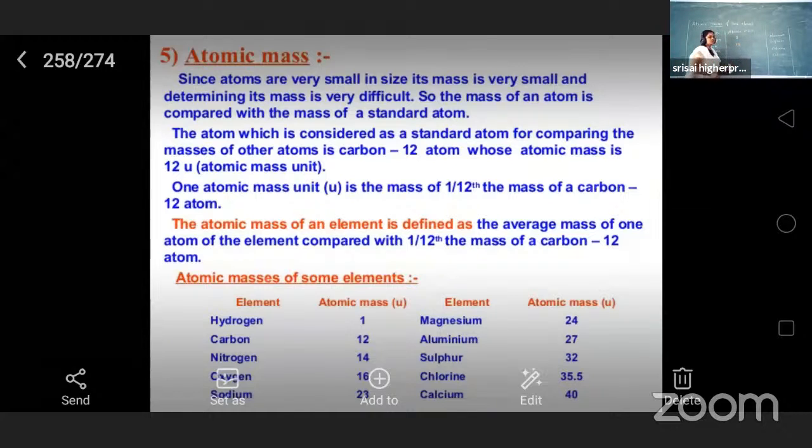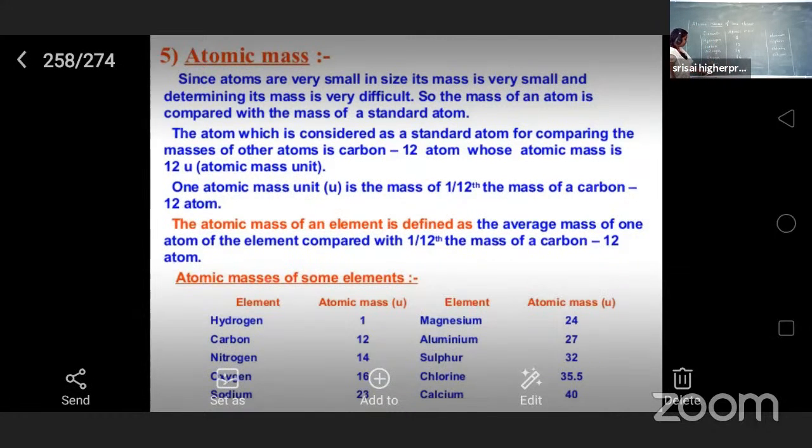So what is nitrogen, students? Nitrogen atomic number is 7, but atomic mass is 14. Oxygen atomic number is 8, but atomic mass is 16.